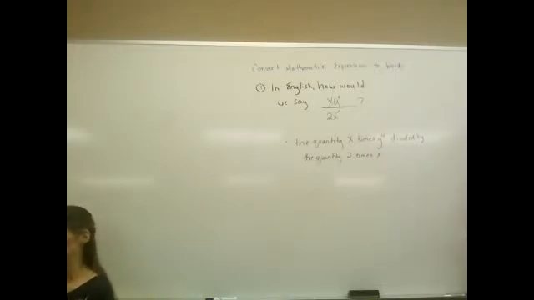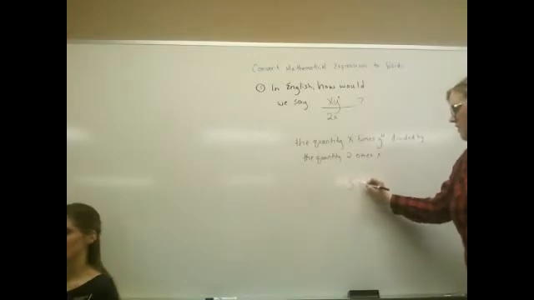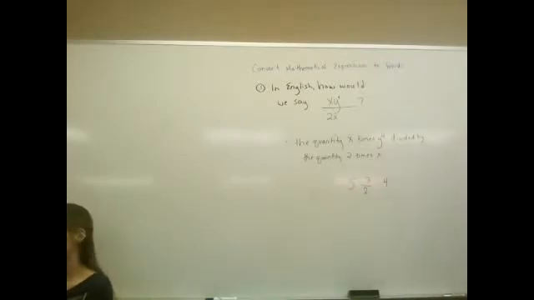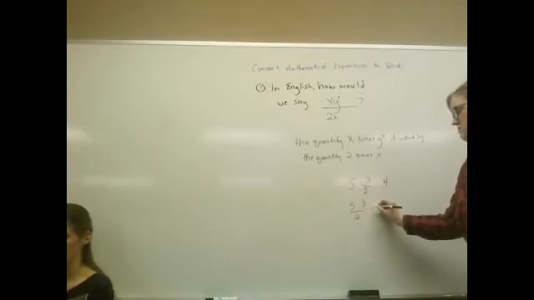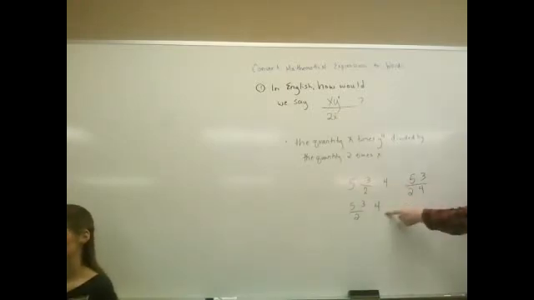The reason is that I could interpret that as 5 times 3 divided by 2 times 4, or in several other groupings. All of these can be said the same way.